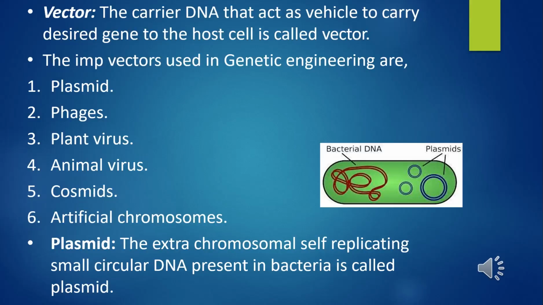Apart from genomic DNA in bacteria, there is some small circular extra chromosomal DNA present, that is called plasmid. So plasmids are basically extra chromosomal self-replicating small circular DNA present in bacteria.